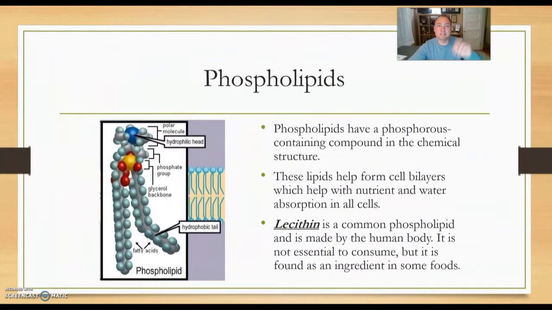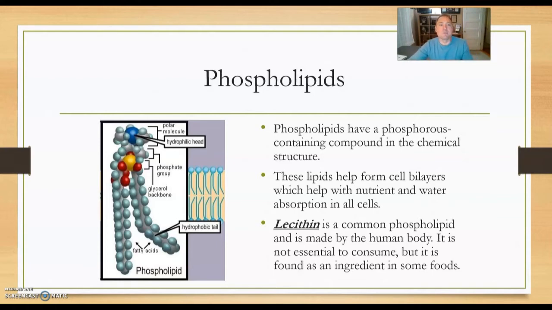Phospholipids. This is the second type of fat. Everything I talked about previously was the first type of fat, triglycerides. Phospholipids, second type. These are very important. They have a phosphorus-containing compound in the chemical structure, right at the top. These lipids help form cell bilayers, which help nutrient and water absorption in cells.